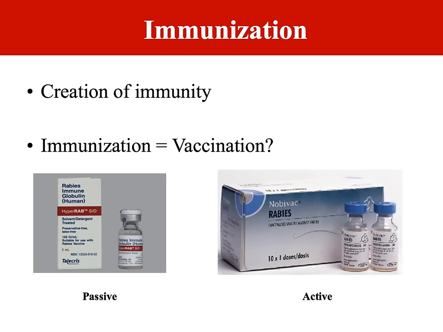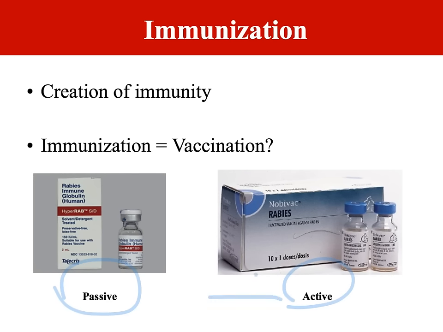So there are two clinical rabies immunizations, and one is active and one is passive. The active immunization for rabies is a killed vaccine. You give it to somebody prophylactically so that they can generate an immune response to rabies. The passive form of rabies immunization is purified human IgG, reactive against rabies virus.